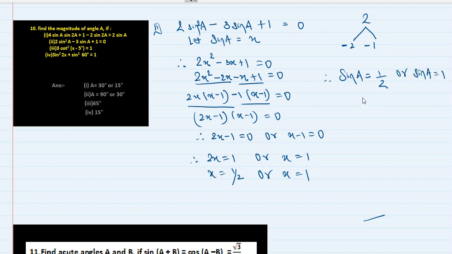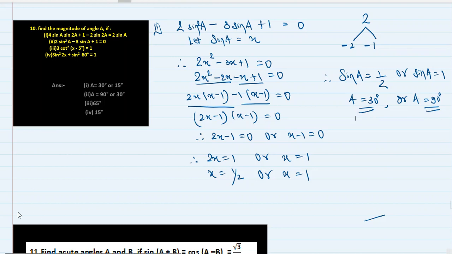So if sine A is 1 by 2, A is 30 degrees, and if sine A is 1, A will be 90 degrees. So A is 30 or A is 90. That's the solution of this trigonometrical equation.